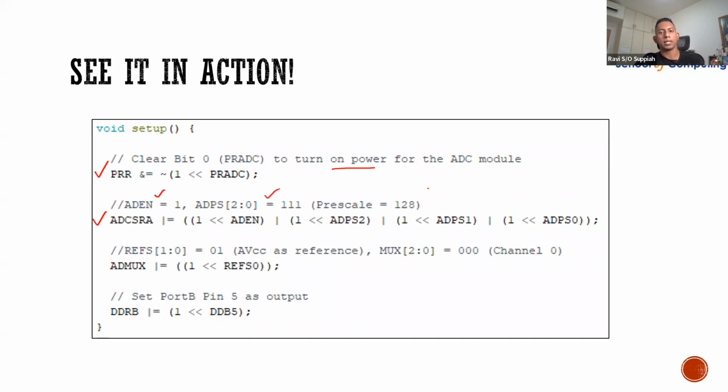We set the prescaler to 128. Next, we select the channel. In this case, we are selecting channel 0 because that is how the circuit is shown in the studio handout. Finally, we set port B pin 5 as output. This port B pin 5 output is for the LED control.